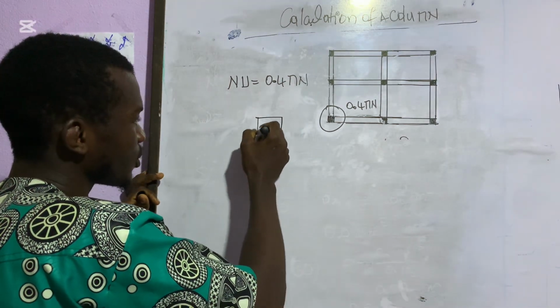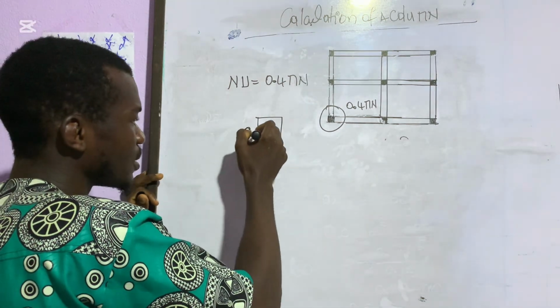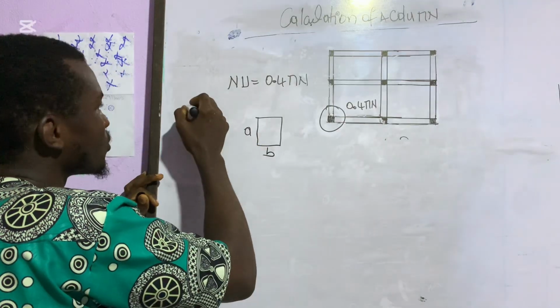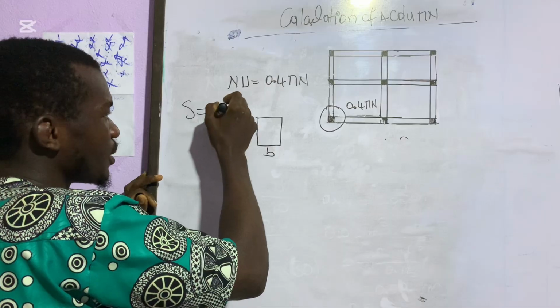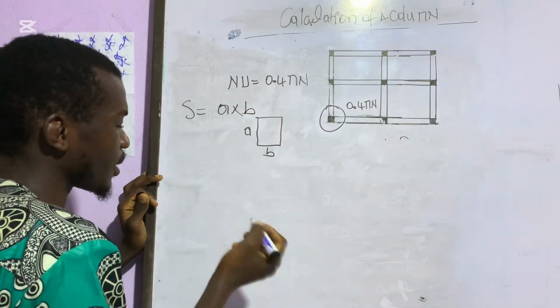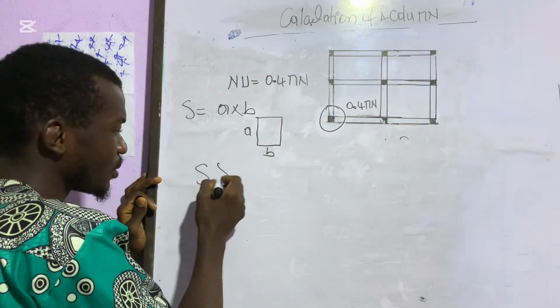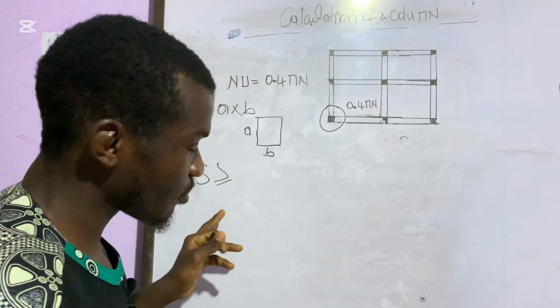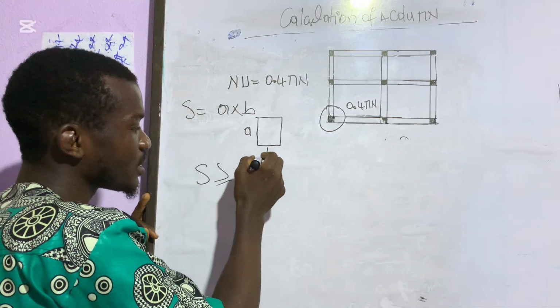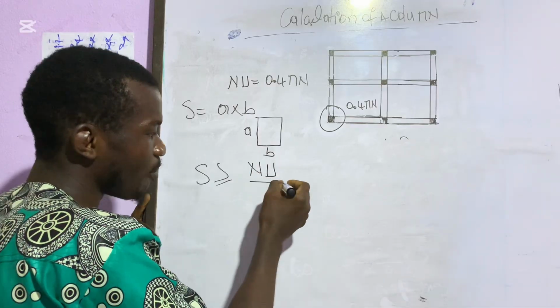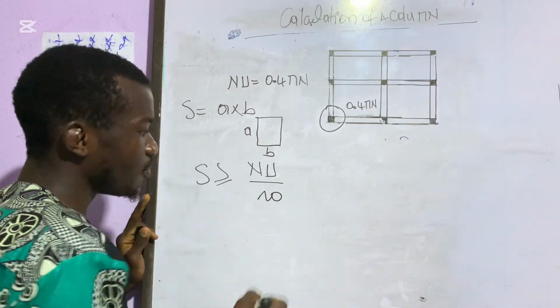So this is a cross section of our column. This is our A, this is our B. So the section of our column is A times B. How do we get the section? By simply using this formula, which says that the section should be greater or equal to the ultimate load applied on the column divided by 10.